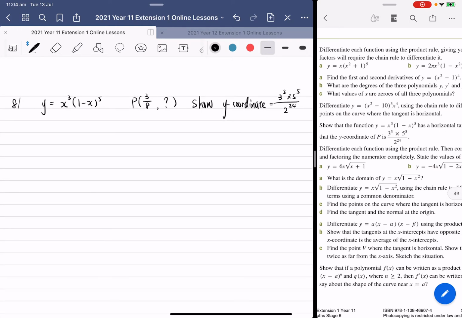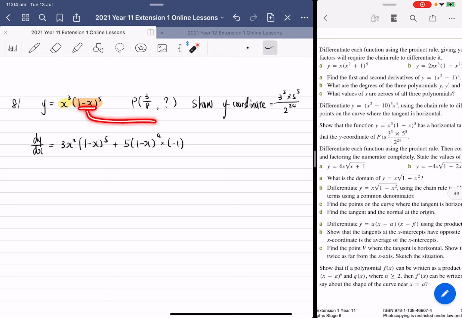All right, let's start. So the first step, we need to find the derivative. So we need to use the product rule. Now, please remember, that's the first function, that is the second function. So we're going to differentiate the first function, 3x squared, copy the second function down, plus, now you differentiate the second function to the power 4. Now be very careful, you also need to times by -1 here, just because that is also a chain rule.